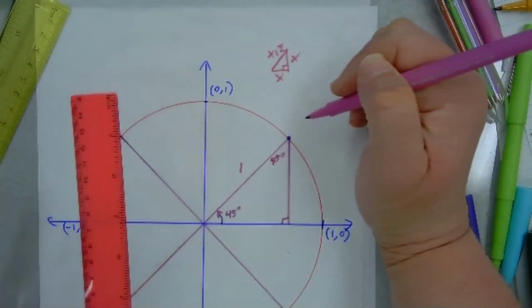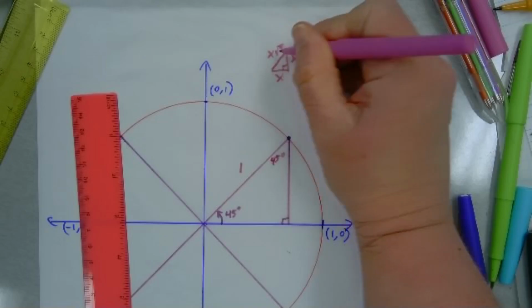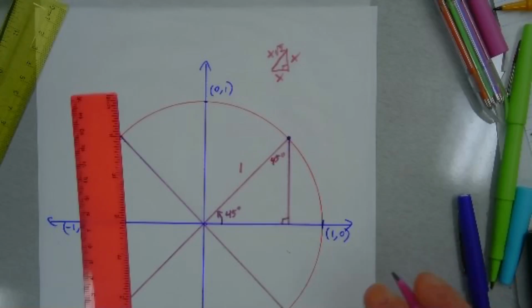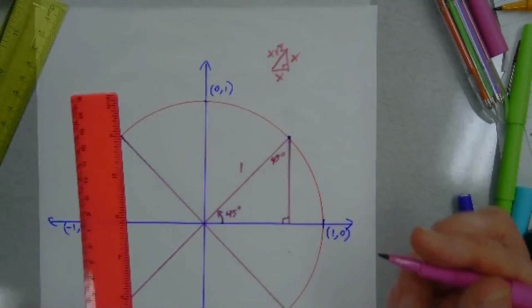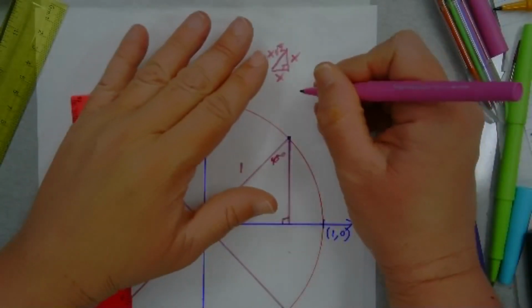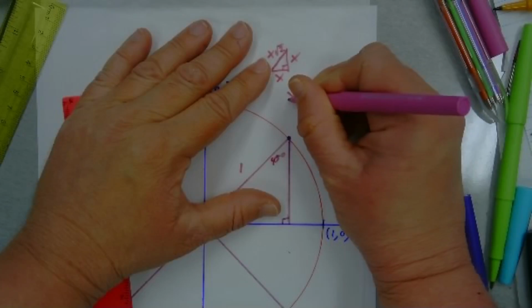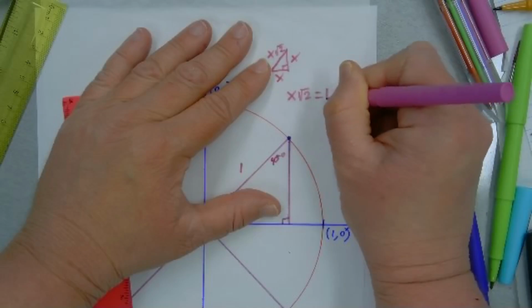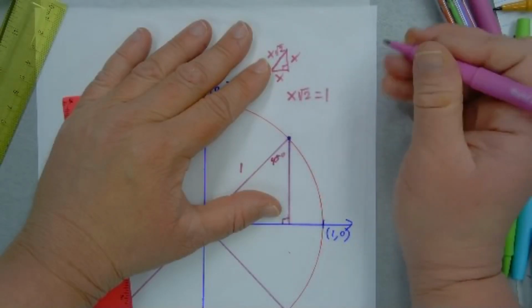But I have 1. I don't have anything with a root 2 in it here. So I need to fix this. Well, that means I know that my x root 2 is equal to 1. So x root 2 is equal to 1. And then I need to solve this for x.